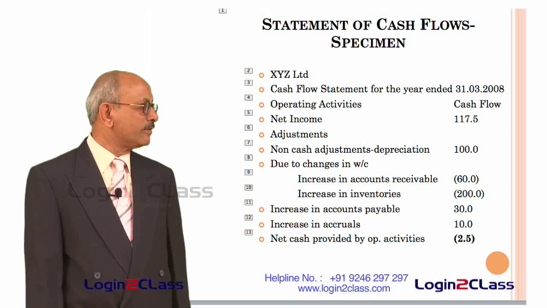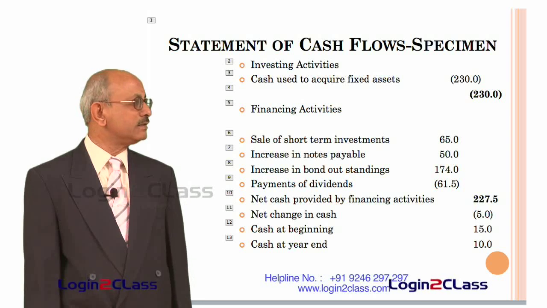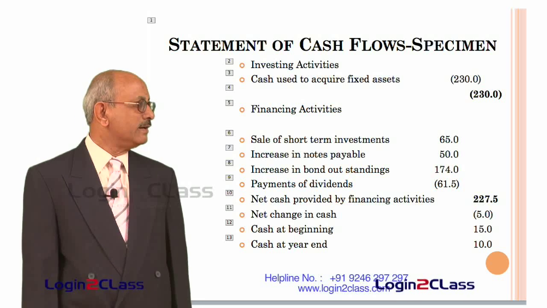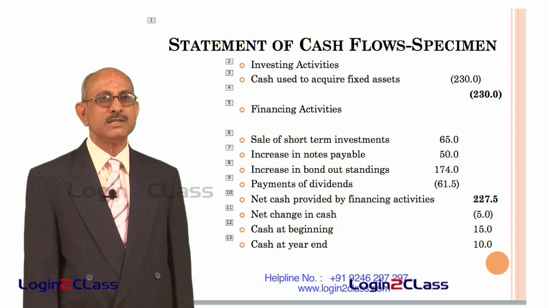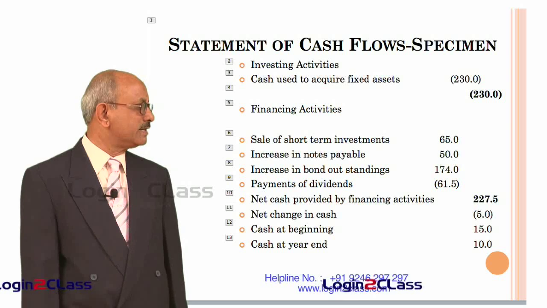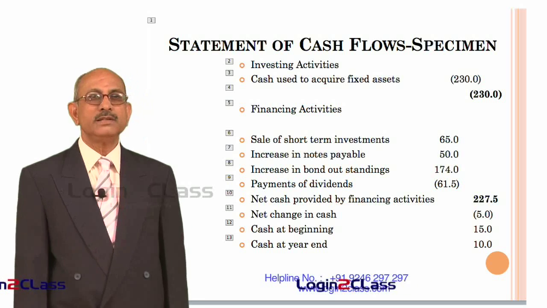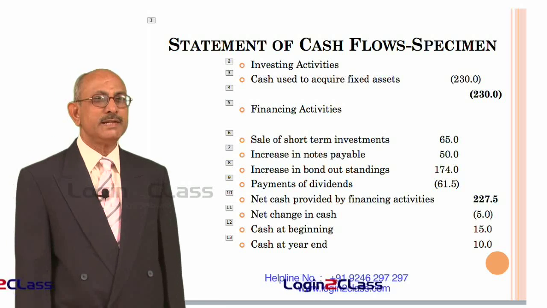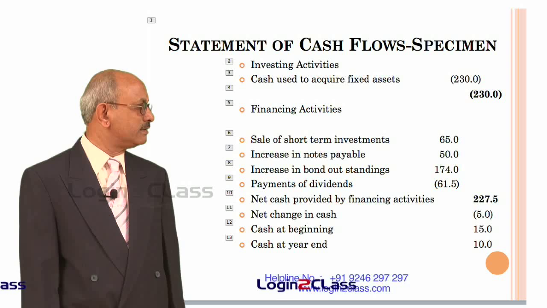And coming to the other two activities, that is, one is the investing activities, the other is called the financing activities. There you see the cash used to acquire fixed assets is shown under investing activities because it is a part of the investment activity of the entity. In the case of financing activities, we have shown sale of short term investments, increase in notes payable, increase in bond outstandings, payment of dividends.